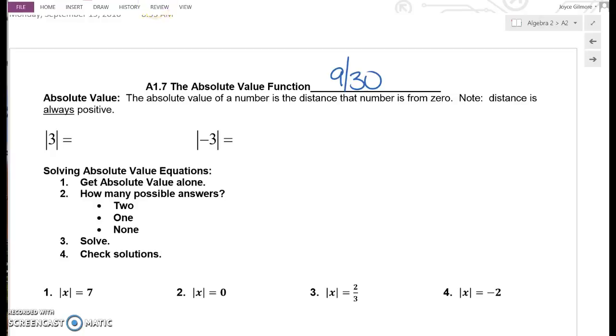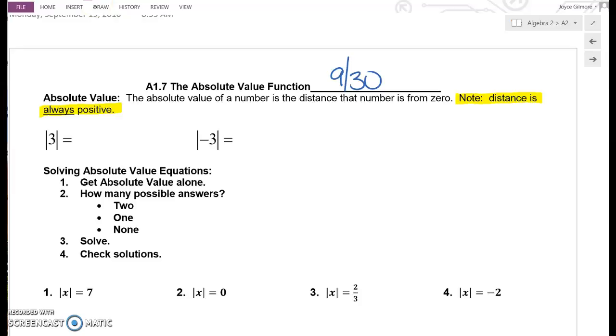So the first day of this is, remember that absolute value is a number that tells you how far that number is from 0. Note, distance is always positive. So, the number 3.